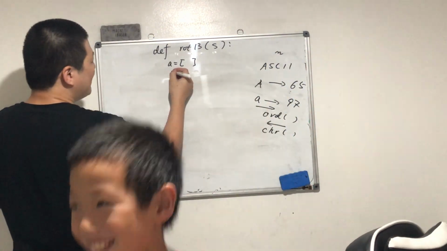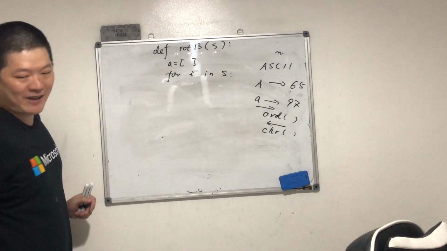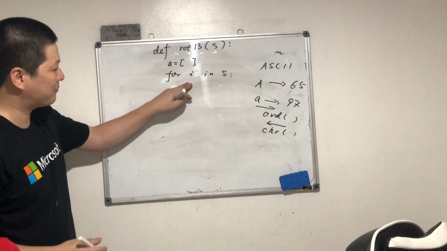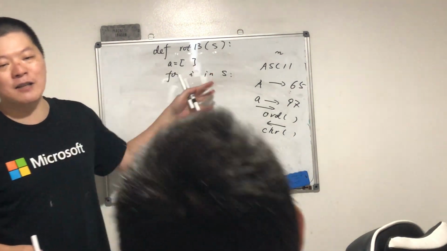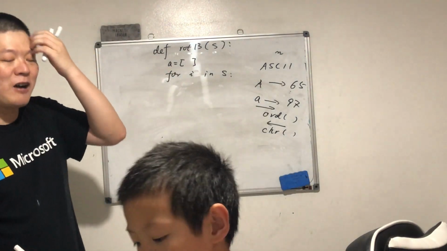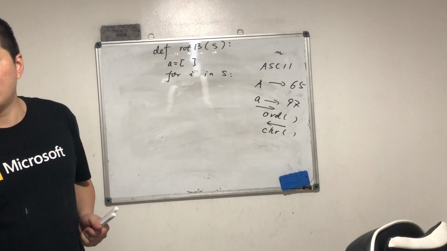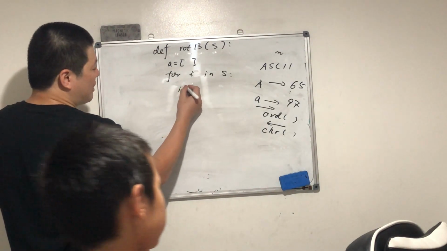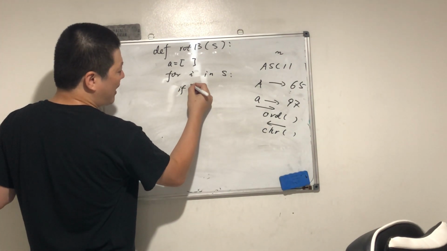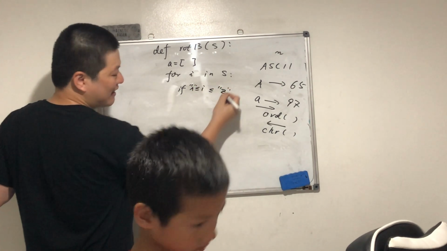Okay, so now for i in s, I go through each character, right? I need to check if it's uppercase or lowercase. How can we check if it's uppercase? How can we check if it's lowercase? We just check: if i is bigger than or equal to A and smaller than or equal to Z, that's uppercase.